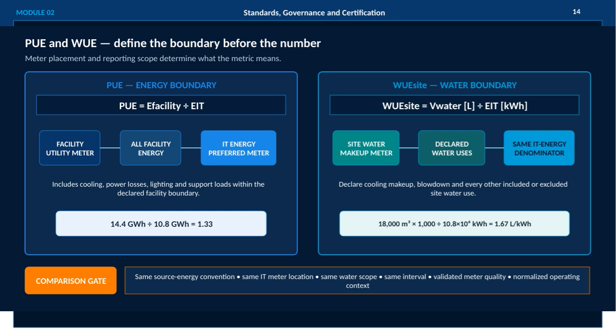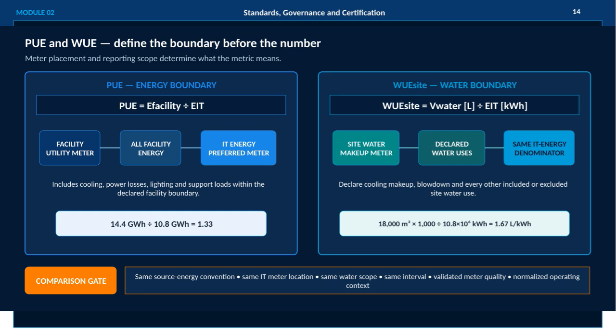Similarly, WUE, or water usage effectiveness, focuses on water usage within a defined boundary called the site water boundary. The water use is measured in liters and divided by the IT energy consumption in kilowatt-hours. For example, 18,000 cubic meters converted to liters divided by 10.8 million kilowatt-hours results in 1.67 liters per kilowatt-hour.